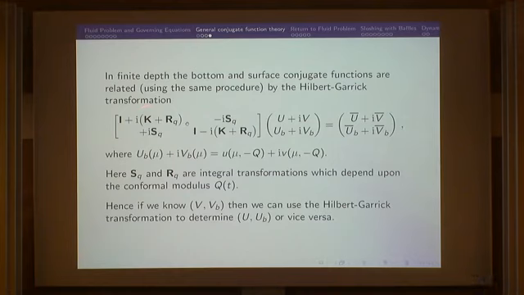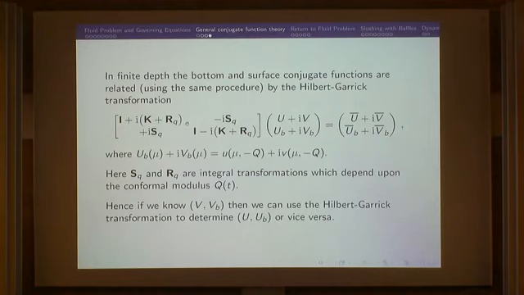I haven't written down what R of Q and S of Q are, but they're just integral transformations which depend upon Q, and they contain terms like hyperbolic tanh of pi Q and hyperbolic cosech of pi Q.